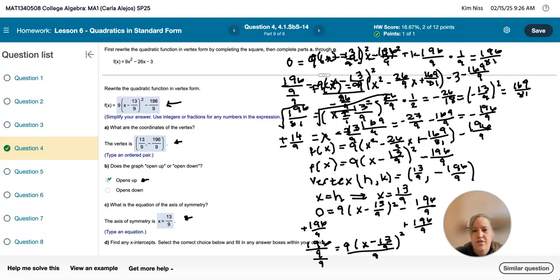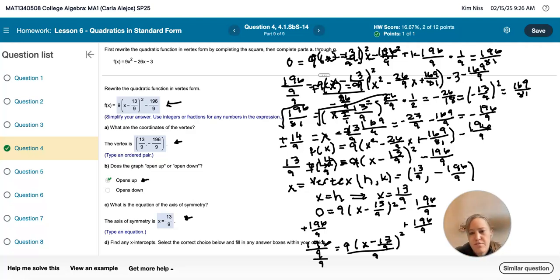Then you add 13 over 9 to both sides. So you get 13 over 9 plus or minus 14 over 9 equals x.